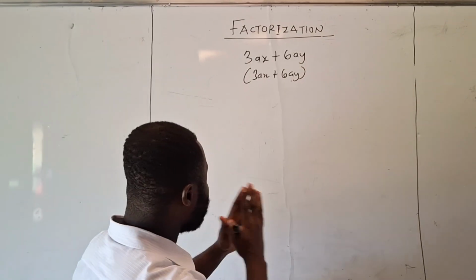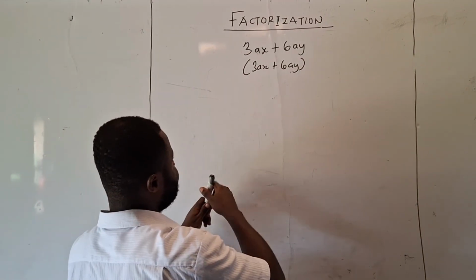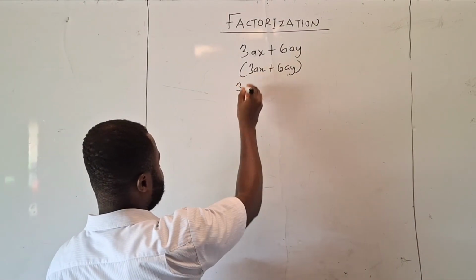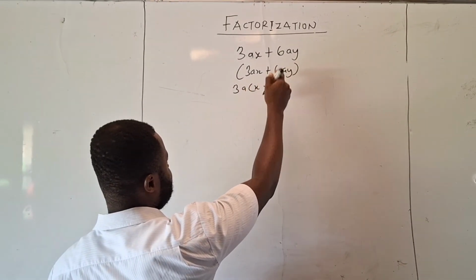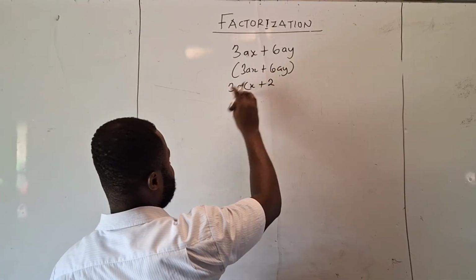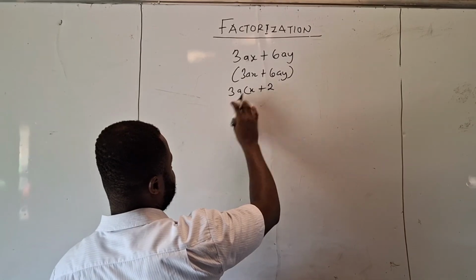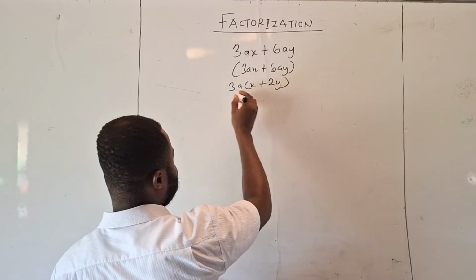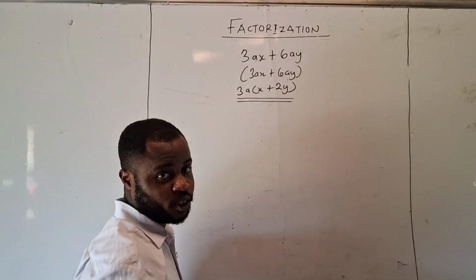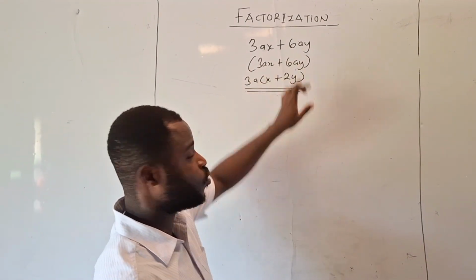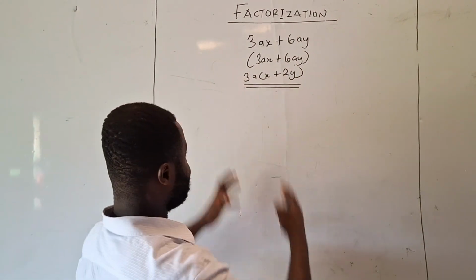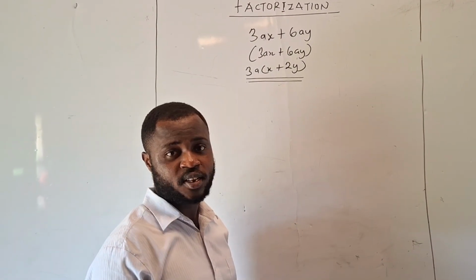Now the highest common factor for 3 and 6 is going to be 3. Then the letter a is out, and here we are left with x. Then 3 will go into 6, 2. The a is out already. Then what will be left here is the y. So this is the answer to this expression. When you multiply this by this, you get back the expression. This is how we factorize the first question.